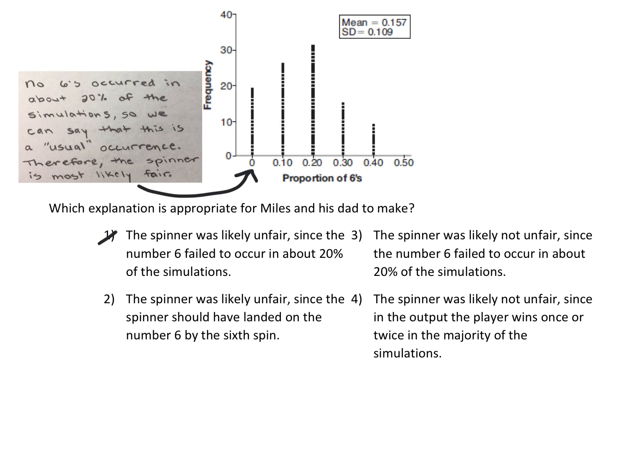We already said choice 1 was out, but if you come over here to choice 3, the spinner was likely not unfair. That's like a double negative, right? Not unfair. Another way to say that is fair. So the spinner was likely fair since the number 6 failed to occur in about 20% of the simulations. That's so true. Okay, the number 6, there were 0 6s. It failed to occur in about 20% of the simulations. So choice 3 is our answer.